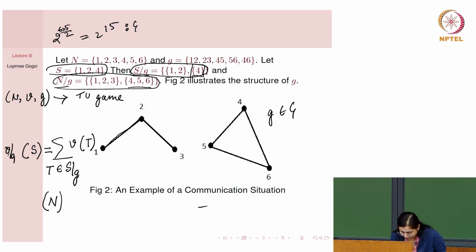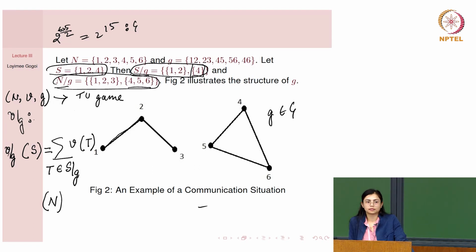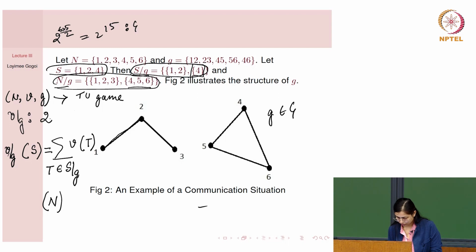Say V over Z. Here my domain will be 2 to the power of this. For a particular graph Z, for all S a subset of N, I will have a different set of coalitions, so you have to consider that domain.